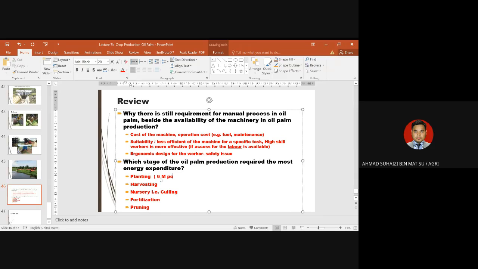Harvesting, twice a month, every 2 to 3 weeks, all year round, until maturity, until 25 years old maybe.